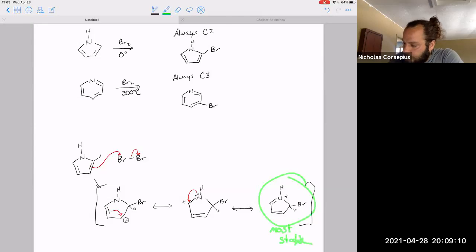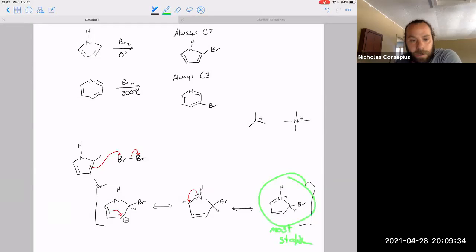This is kind of odd, because typically we wouldn't think of positive charges on the more electronegative atom as being good. But there's something very different about, for example, this carbocation and this ammonium ion. The ammonium ion is way more stable. It's not just that it's more highly substituted.